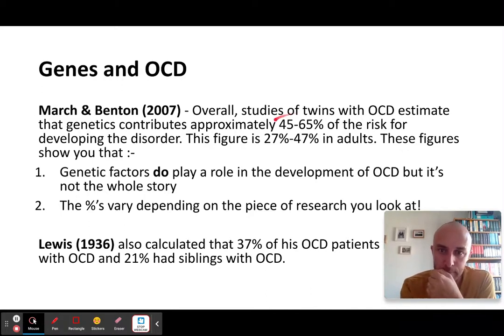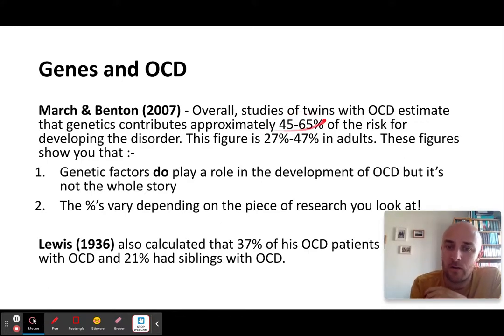So in children, the best way to describe this is the following: 45 to 65% of the reasons why kids get OCD is seemingly genetic. So it does play quite a big role in kids getting OCD.